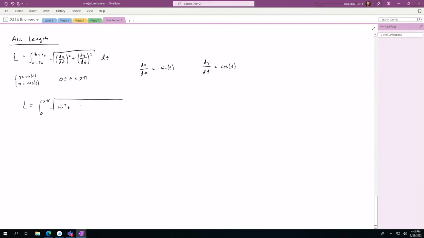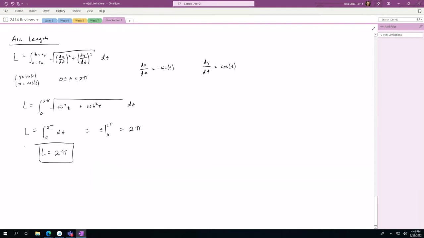So dy/dt squared is cosine squared t. Okay, now sine squared t plus cosine squared t is, of course, 1. The square root of 1 is 1, so we have the integral from 0 to 2 pi of just dt, which is, of course, t evaluated at 0 and 2 pi, which is 2 pi. And that would be our arc length.